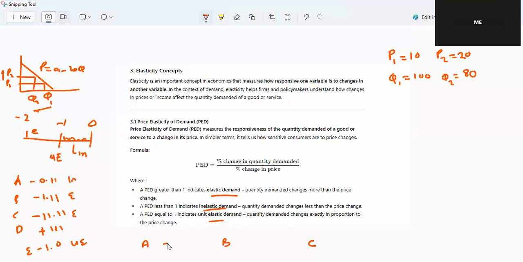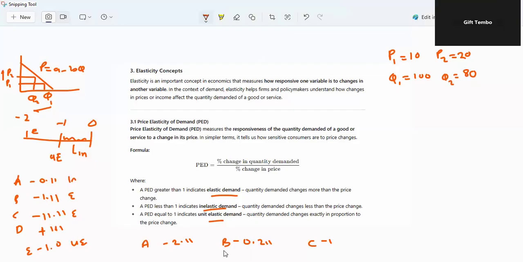So let's try again. Negative 2.11. Negative 0.211. Negative 1 point. So what is A, what is B, and what is C? A is elastic.